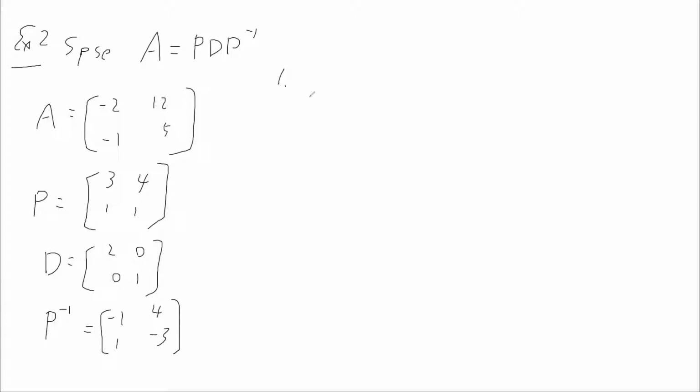We want to find A to the power of k for an arbitrary positive integer k. A to the power of k means we want to multiply A by itself k times. By what we're given here, A to the k can also be written as P D P inverse multiplied by itself k times. This is the fun part. Let's see what we have when we expand this.